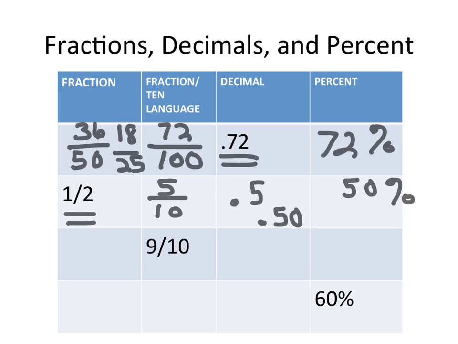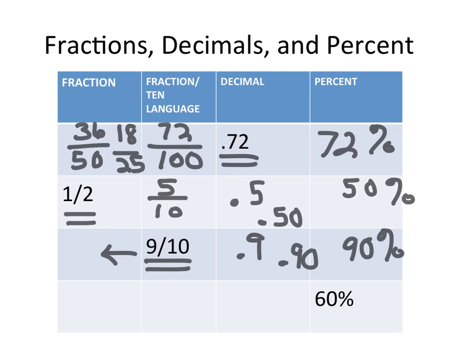All of those are names for the same amount. If we have a fraction that's 9/10ths, that can't be written in any other way because it can't be simplified. It's already in simplest form. But it could be written as 9/10ths, or 90/100ths, or 90%.